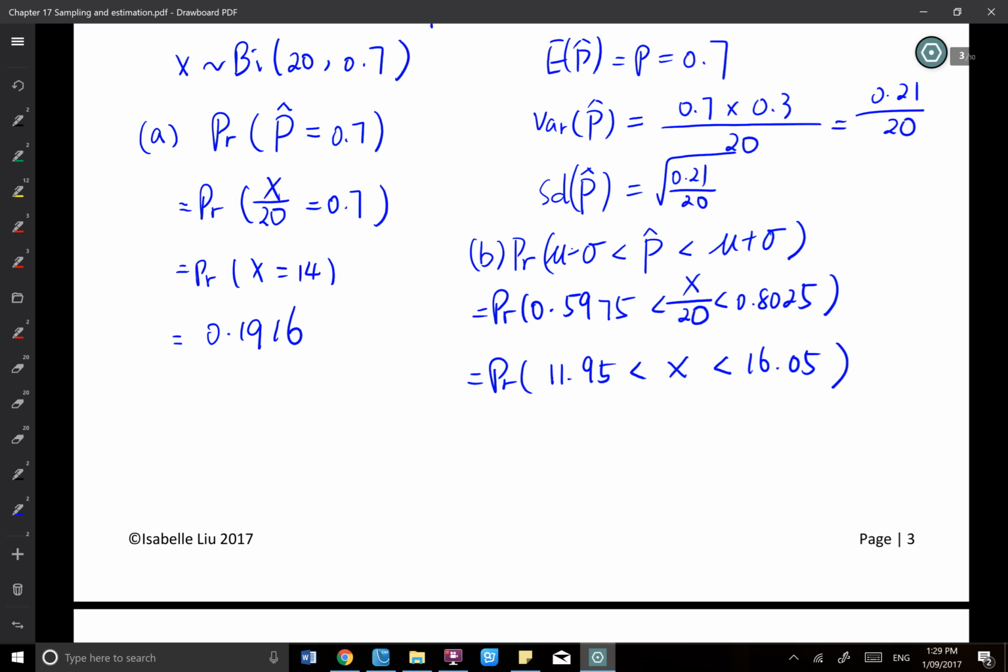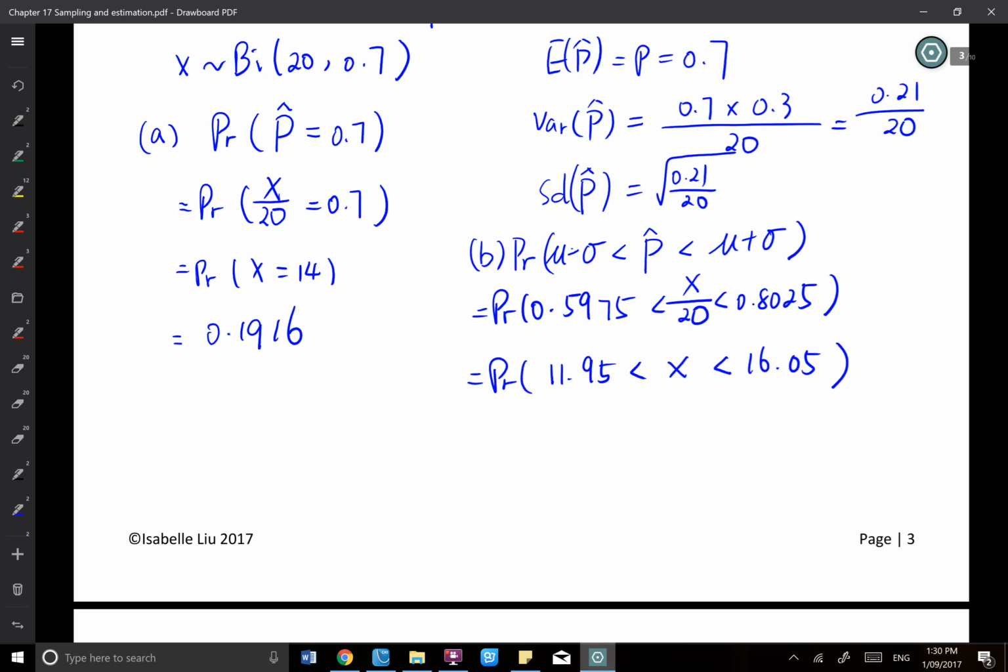Can I ask you, do you know what x is? What possible values can it take? Can it take 1.9 or like 11.9? It must be integers. It's like number of students, number of persons, so it must be whole integers.